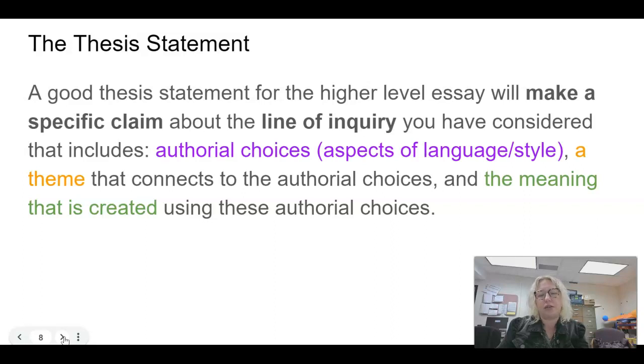The thesis statement that you need to complete for 1.7, and I wanted you to take some notes on this right here in 1.7, needs to make a specific claim about the line of inquiry you have considered. That includes authorial choices, which are aspects of language, style, whatever you want to call them, a theme, so that is the larger "so what" that connects to the authorial choices, and the meaning that is created.